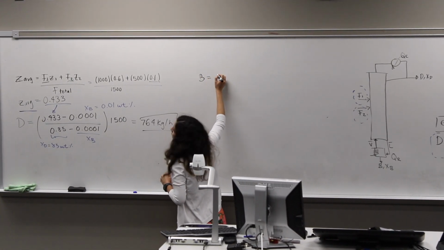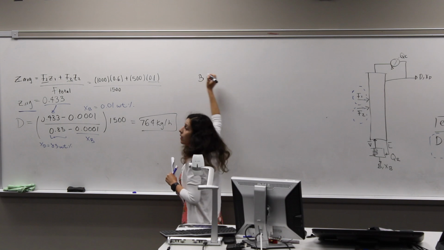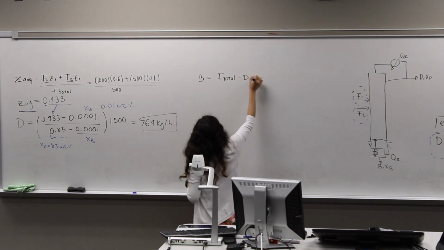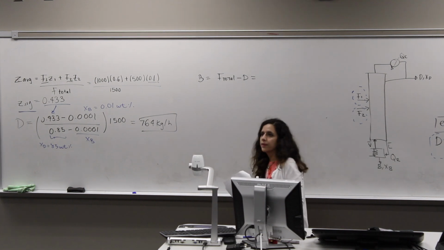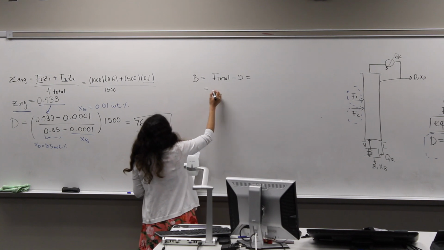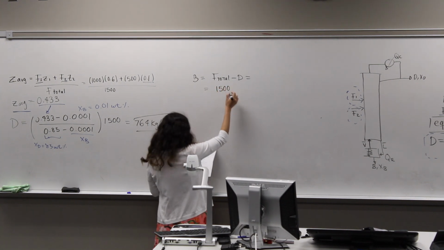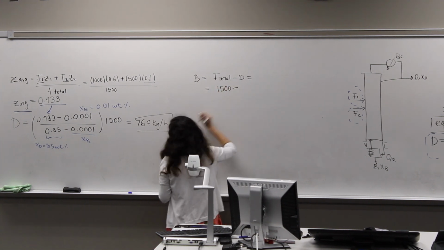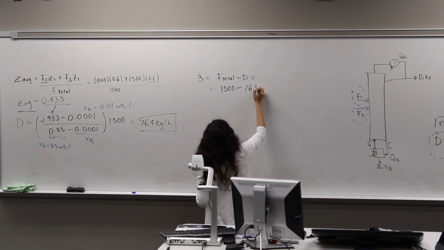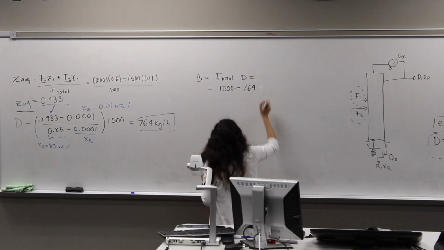Bottom is B minus D. B total minus these two. So F total, we said that is 1500, and the distillate we just got it here. So it was 6764, and that's the bottom.